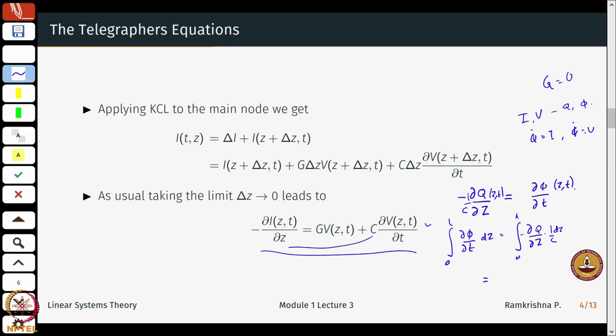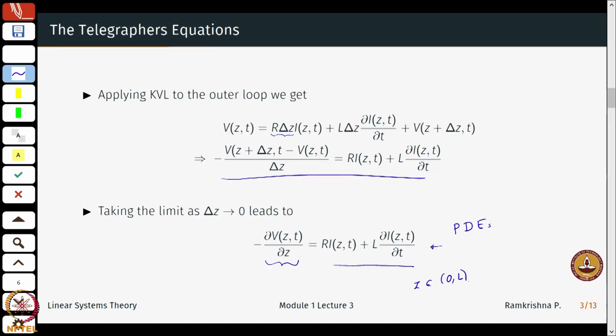So, the rate of change of the flux in the entire spatial domain would be, with a minus sign, q over c from 0 to L. This has just the dimensions of voltage. This is V at 0 minus V at L. So, whatever is the rate of change in the spatial domain is just what is being exchanged through the boundary.